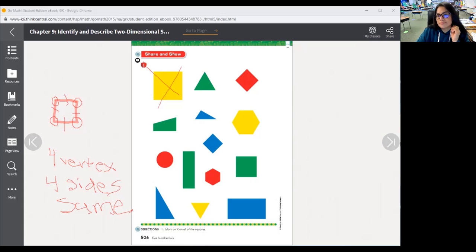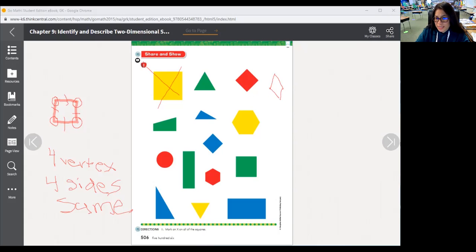A diamond is a little bit skinnier, isn't it? Is this one skinnier? No, it's not a diamond, honey. A diamond is kind of like this. See how it's a little bit skinnier?